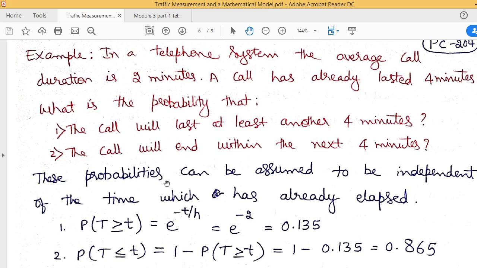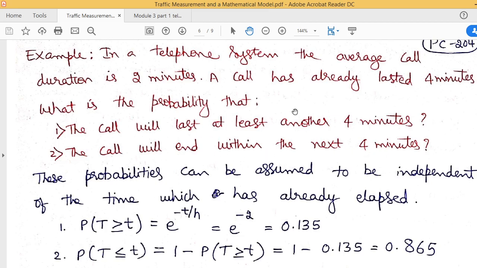We need to compute this. Please note that the probabilities can be assumed to be independent of the time which has already elapsed. Already we said pure chance traffic, or memoryless traffic. It means that whatever duration the call has already lasted is completely independent of how long it will last next, or within what duration it will end.